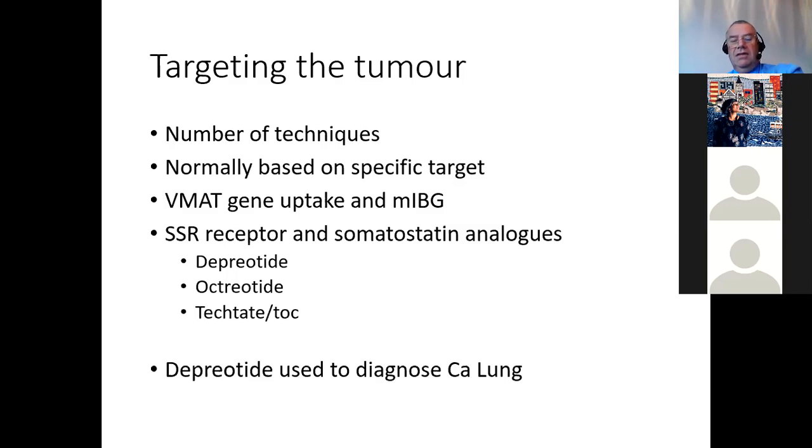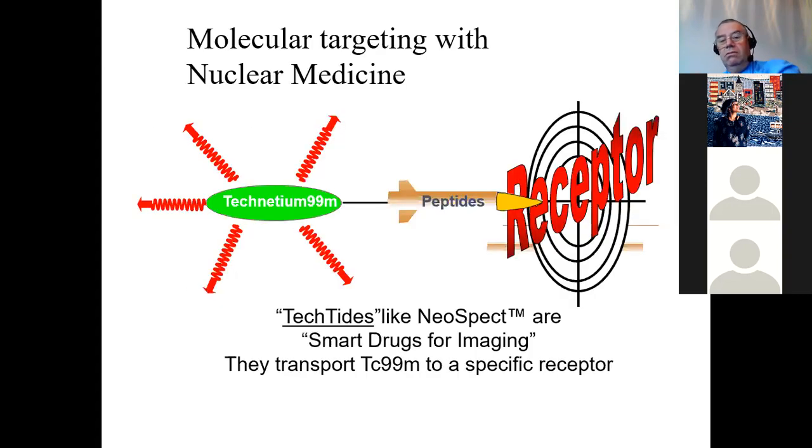If you have somatostatin receptors, then obviously we can use single photon somatostatin agents, and there's a mixture of those. Depreotide is one that was used in the past, octreotide, and more recently we have the tectate and tectoc. Depreotide was used in lung cancer, but obviously doesn't have the same resolution as FDG.